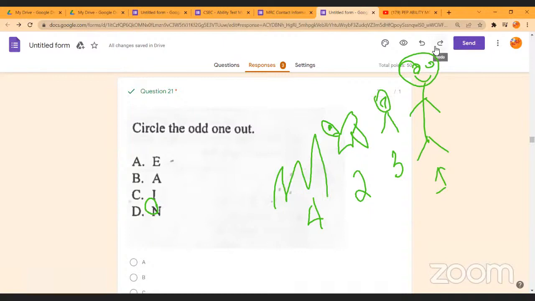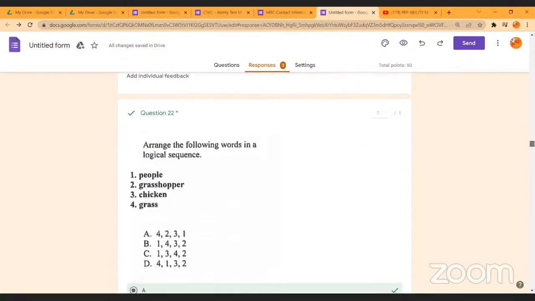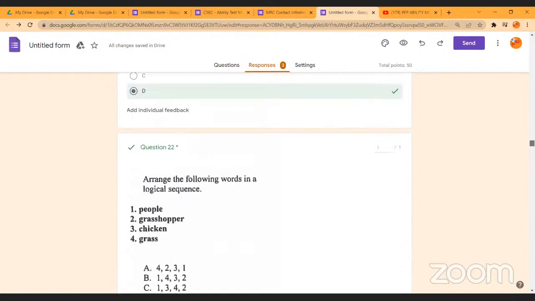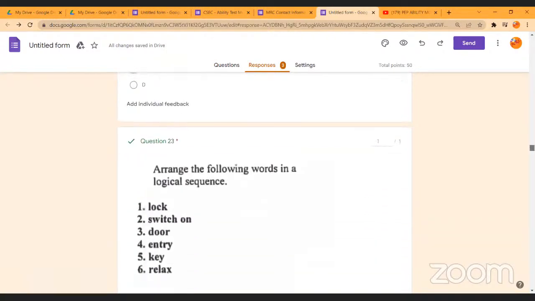Let me see if I can clear this. Oh, so you get it correct. So you must have gotten the one that we corrected earlier. You would have gotten it incorrect at first, so we corrected it. So that's why you're still at 39. All right, so you got it correct.